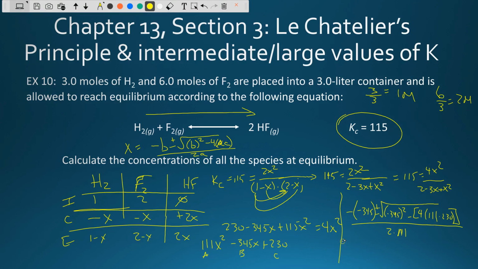Okay, so this ends up being 345 plus or minus the square root of 16,905, all over 222.